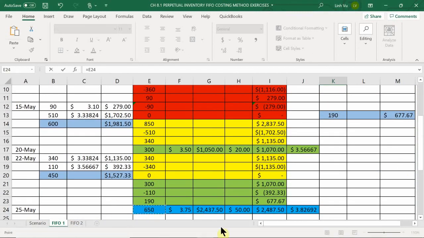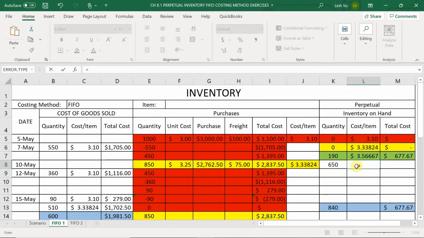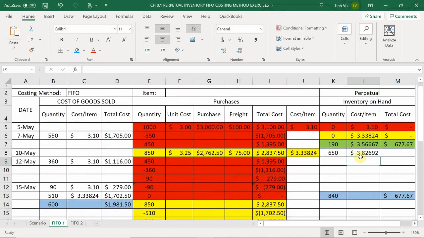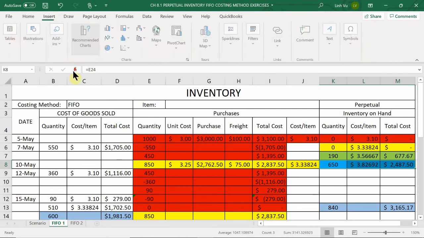Okay, for 650 units costing 3.82692, which gives me a total cost of $2,487.50. Okay, so now I have a total number of units that I can sell is 840 units. Okay.